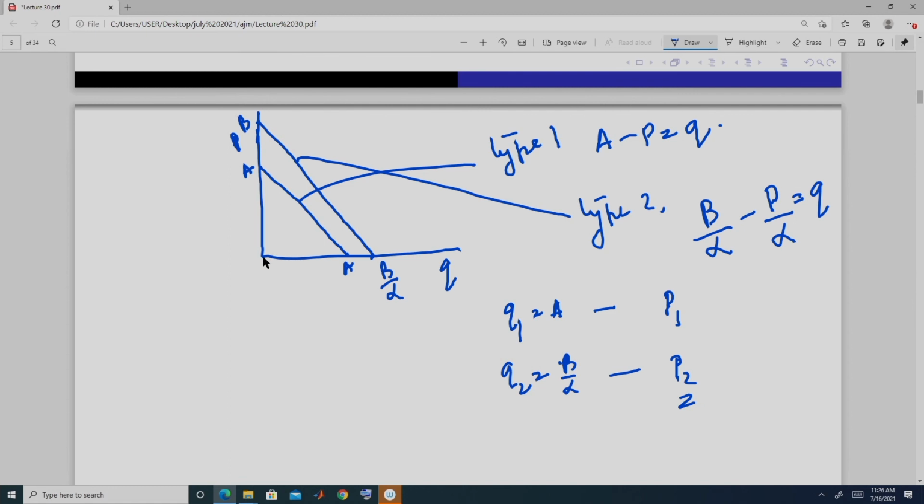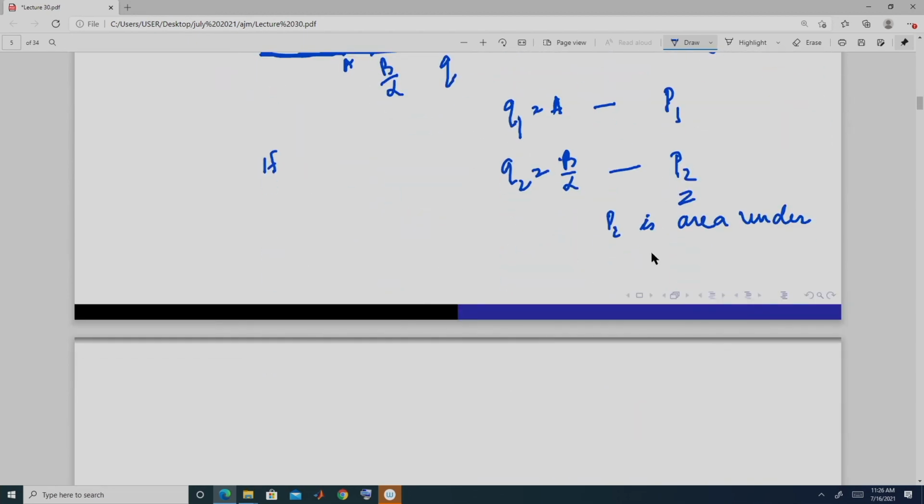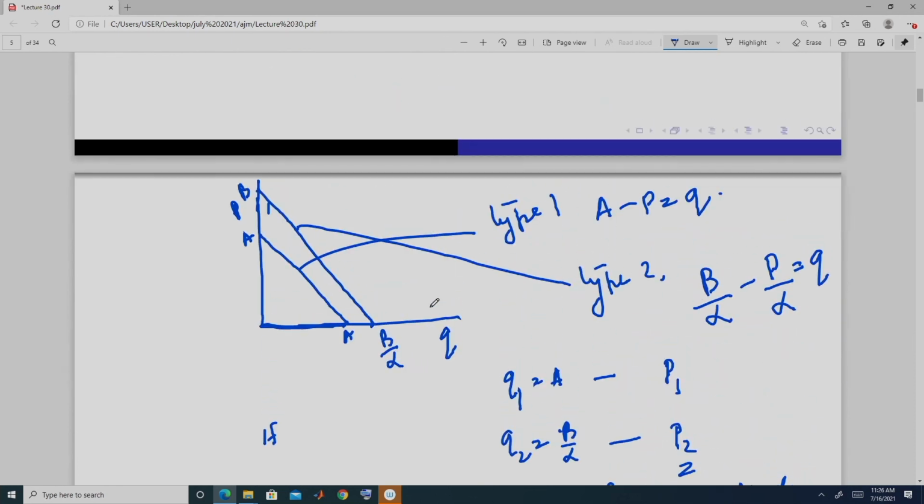Now, see, if we test this, and if P2 is this whole area under this demand curve, then consumer 2, if it buys this bundle, gets this much amount of surplus.